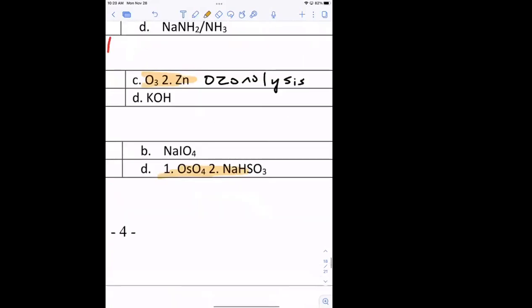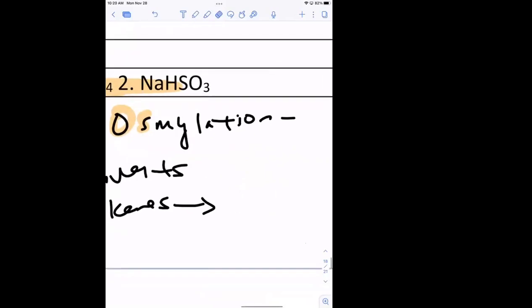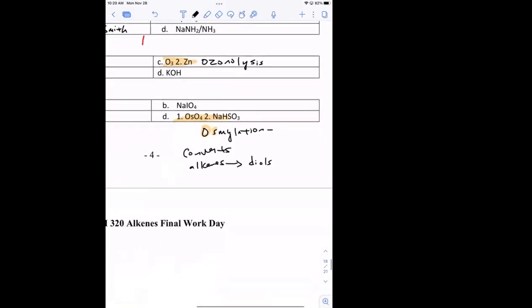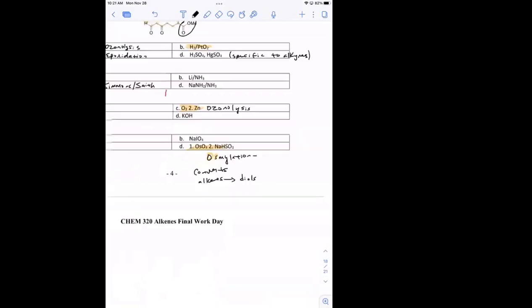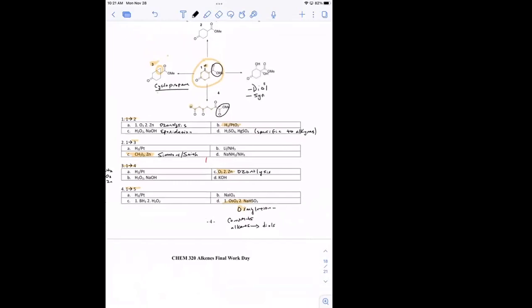That's an osmylation. It converts alkenes into diols. All right, any questions about the reactions depicted here? About any one of them?